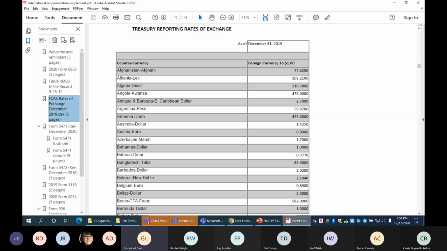One thing to point out, because I see this error being made two or three times a year, is when you're converting currency from the foreign currency to US dollars, you take the amount and divide it by the exchange rate. So where you see Austria, the euro, in order to determine the number of dollars, if you had say 100 euros, you would take the 100 euros divided by 0.89, not times 0.89. All right, thank you, Glenn. That's a good point to remember.